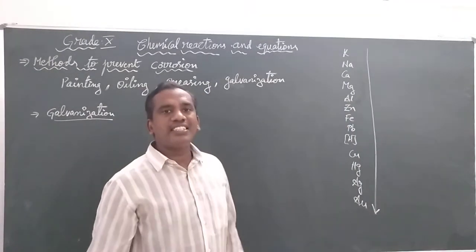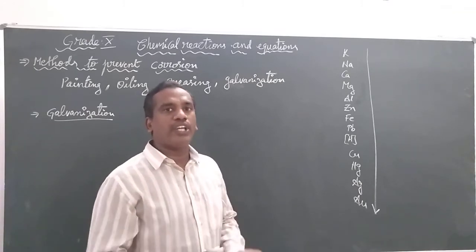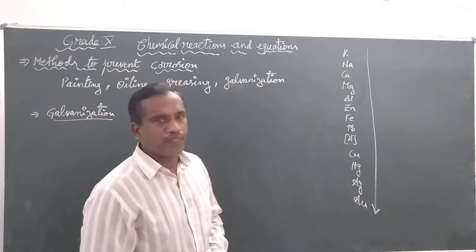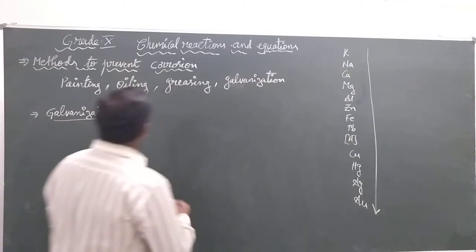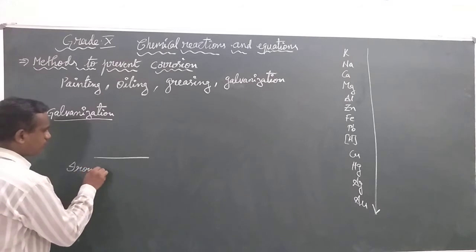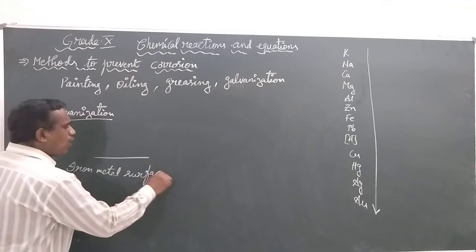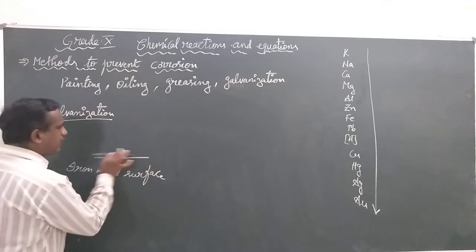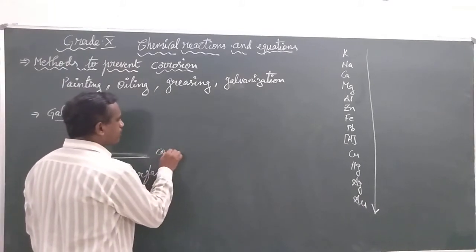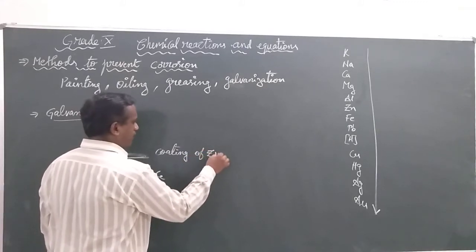Galvanization is the process generally used to prevent iron from undergoing corrosion. Let us imagine we have a piece of iron. This is the iron metal surface, and over the surface of this iron metal a coating of zinc will be applied.